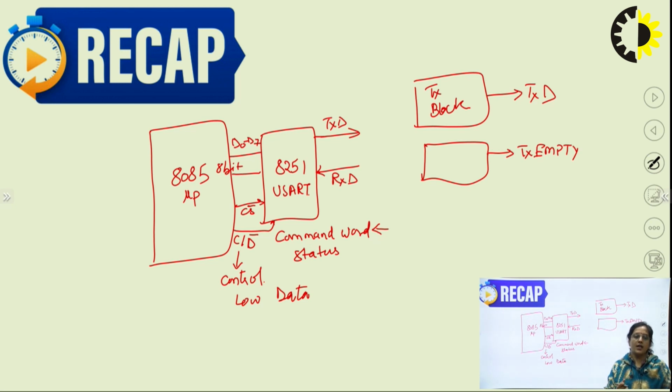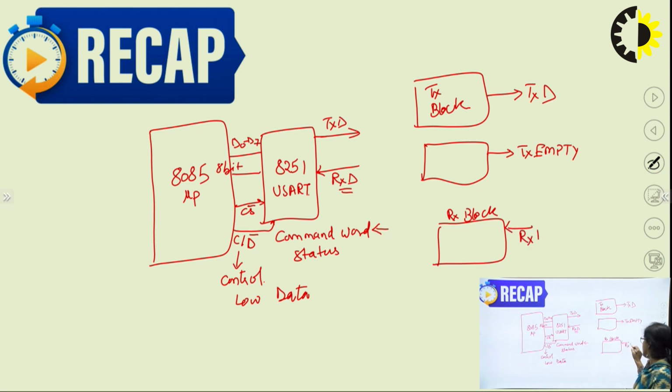When the microprocessor has to receive something in receiver mode, whatever data is received by RxD is received at the receiver block serially. This serial data is then converted into parallel data by the receiver block, and once 8 bits of data are received serially through a clock signal, both activities are done through a clock signal, so synchronization must be there.